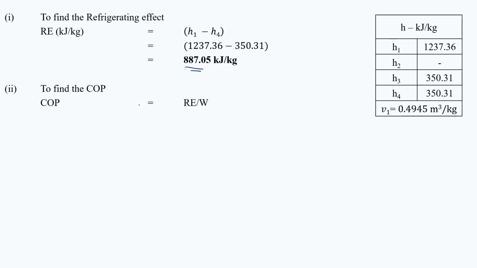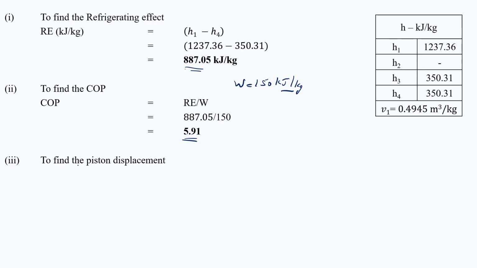The COP is given by refrigerating effect by work done. The work done was specified as 150 kilojoules per kg of refrigerant. So substituting the values, 887 divided by 150, we get the COP of the system to be 5.91.